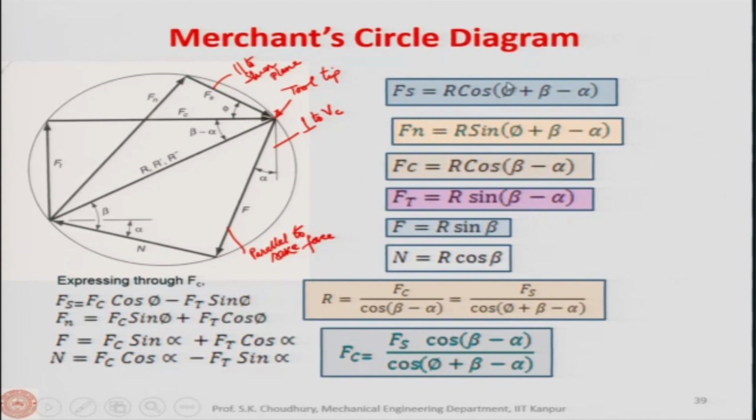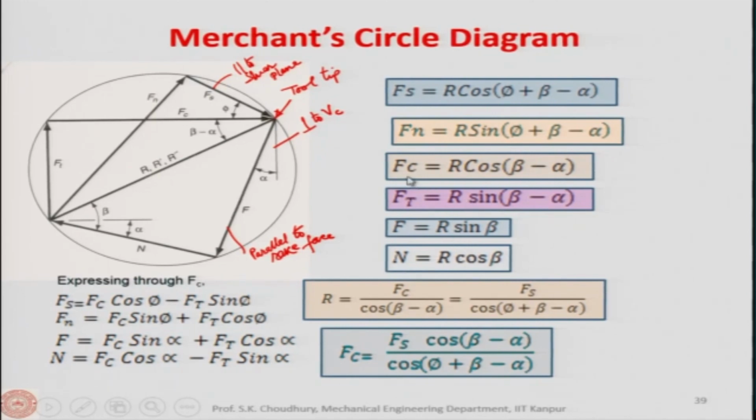This is simple: you open it up and put the value of Fc as R cos of beta minus alpha. You will see there will be a component of R cos beta minus alpha. In that case you have to open it like cos phi cos beta minus alpha minus sin phi sin beta minus alpha, into R, the entire thing. Then you put the value of Fc and the value of Ft and you will get this.